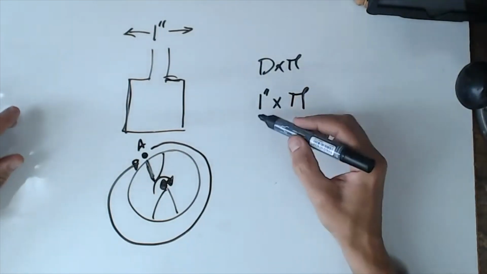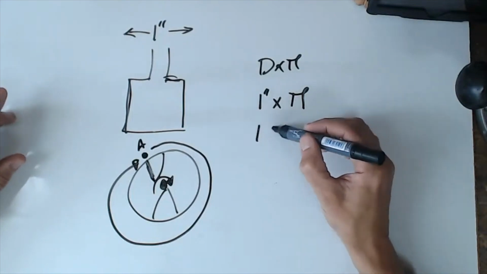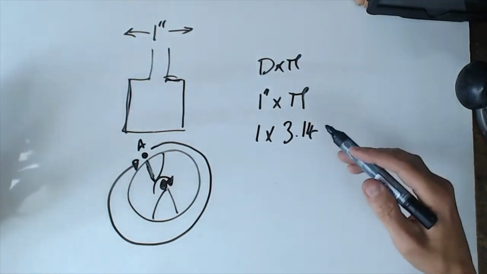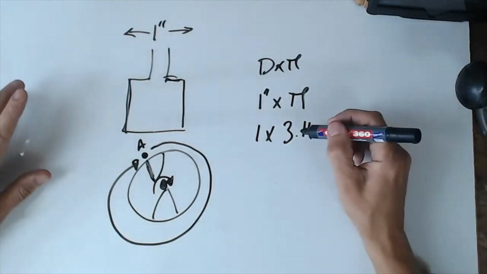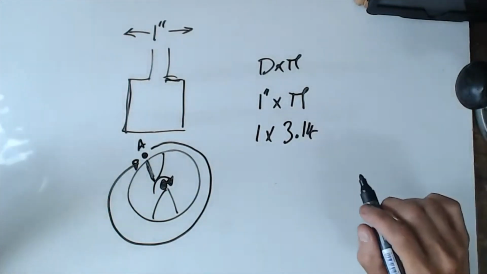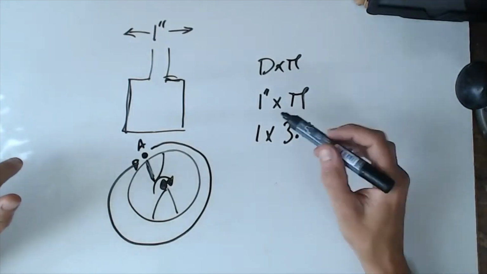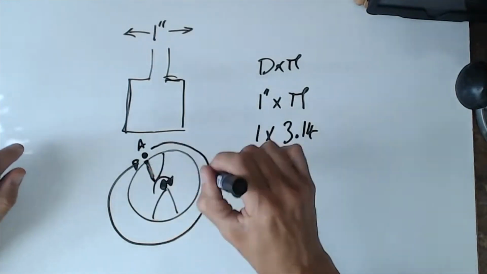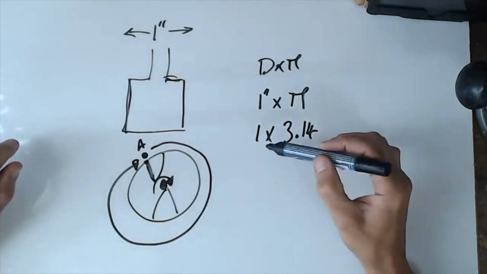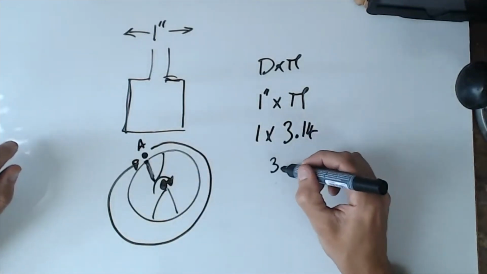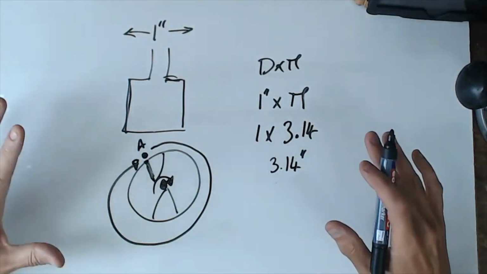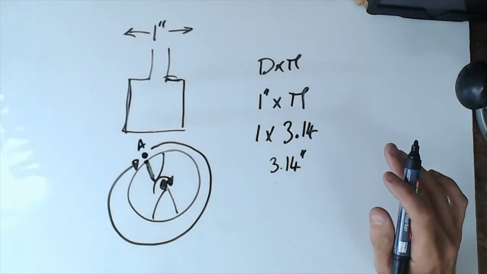That will be 1 times 3.14159, and so on, to 2 decimal points. So this tip of this knife, as it rotates once, will travel 3.14 inches for every revolution that it makes.